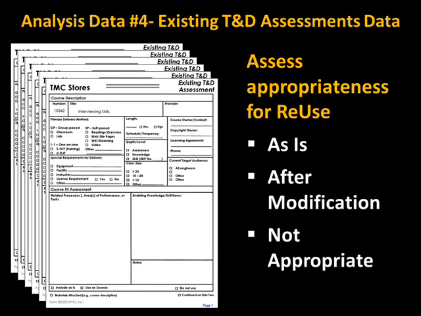Can we reuse it as is, or after modification, or what we've got may be appropriate for other jobs but isn't appropriate for the job that we're targeting in this effort.